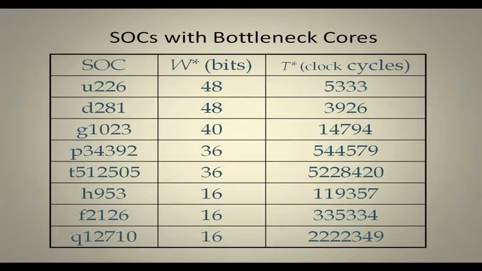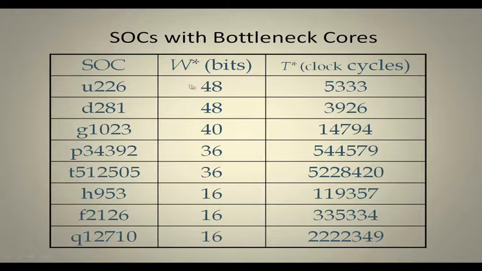So, if in my scheduling I get some test time results which are close to T star, then we should be happy, because we will not be able to beat this lower bound T star. We know that perhaps we have reached the optimum solution for this particular SOC. These are some bottleneck cases, like U226. These SOCs are all from the ITC 02 benchmark suite that we are talking about. U226 has a bottleneck at 48 bits.